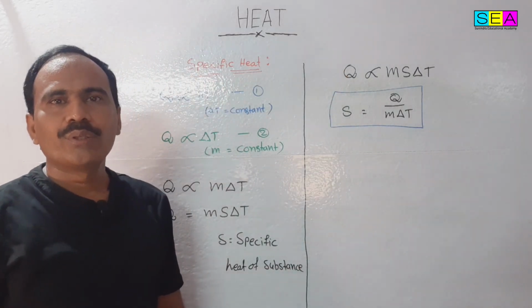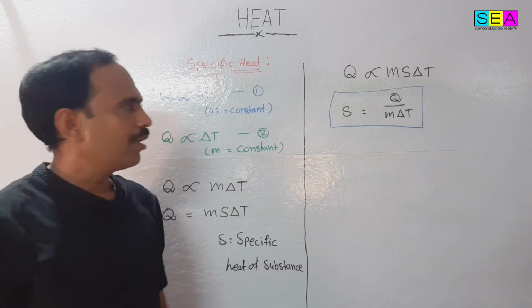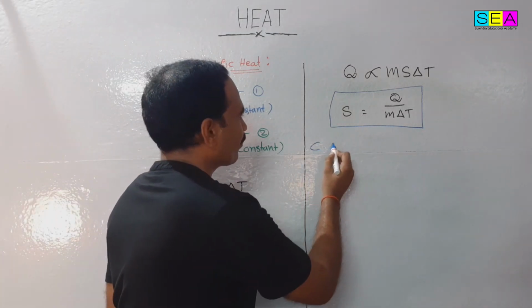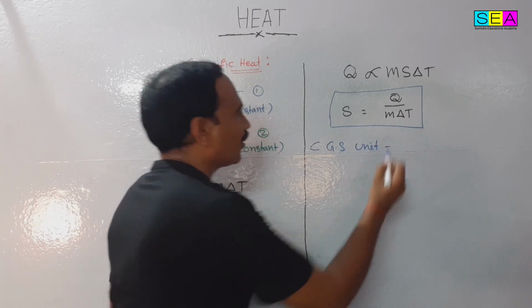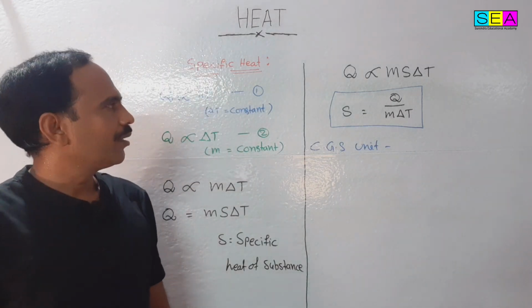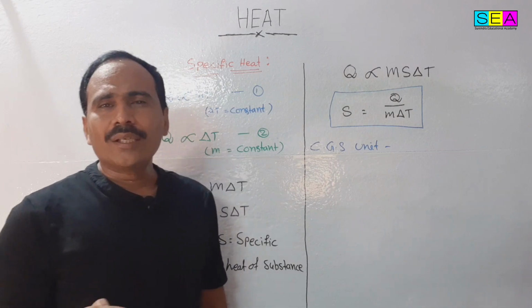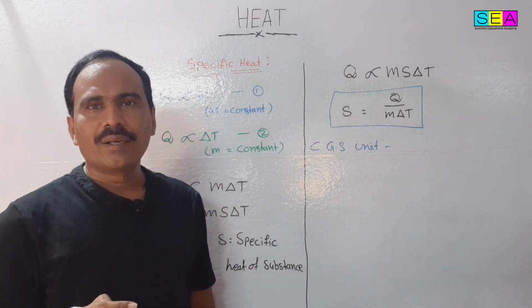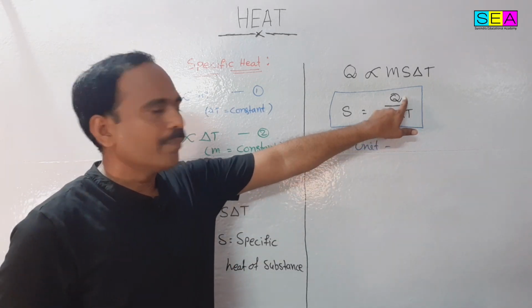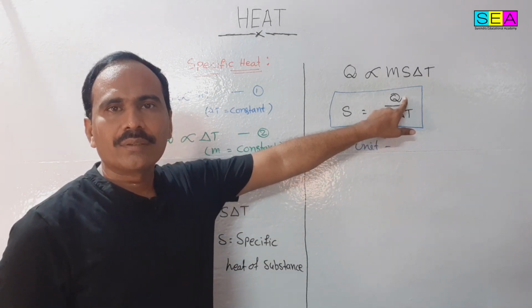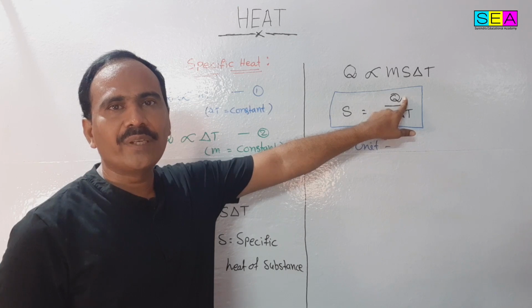Now the units for specific heat. What are the CGS units? Here we can write units easily depending on the formula. Q means quantity of heat energy. What are the units for the quantity of heat energy?